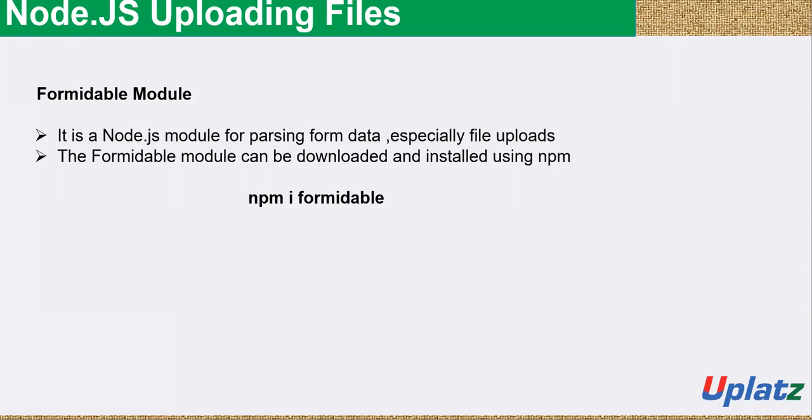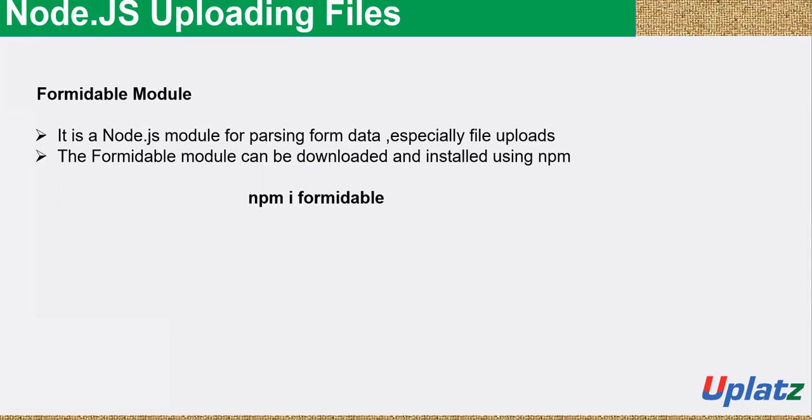When it comes to Node.js, we have the formidable module, which allows us to parse the data and handle file uploads easily. It is a Node.js module that we can install using the npm tool. npm stands for Node Package Manager, and its purpose is to download the necessary packages in the Node environment.